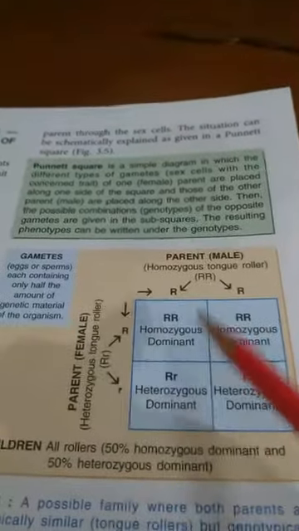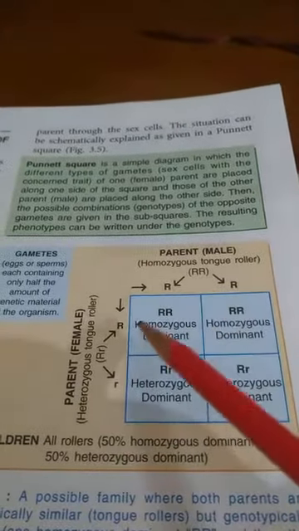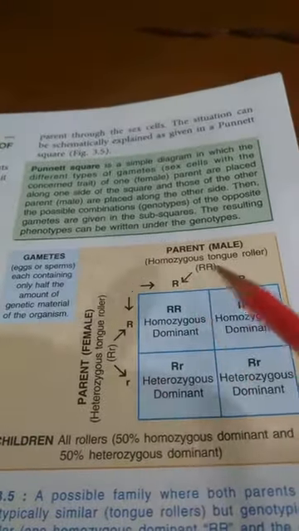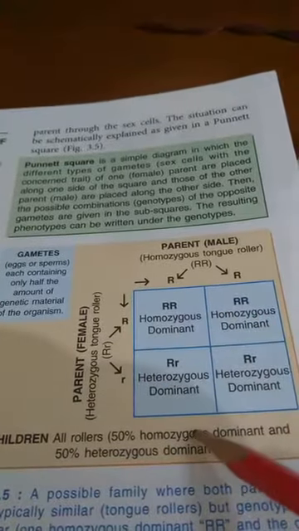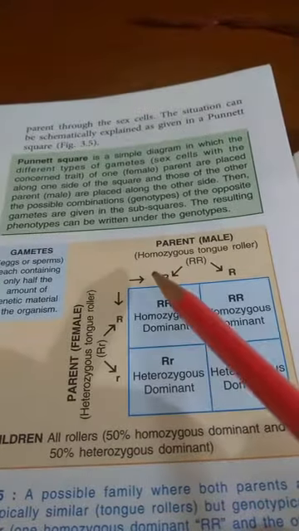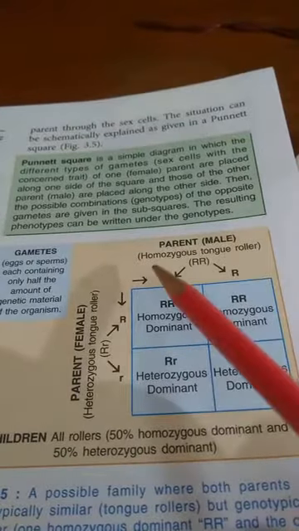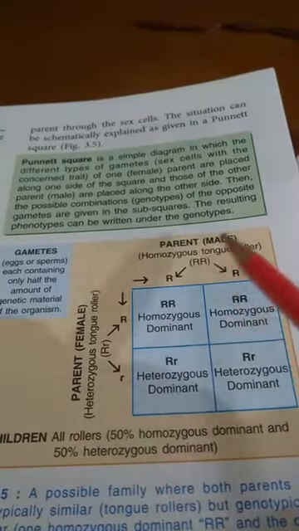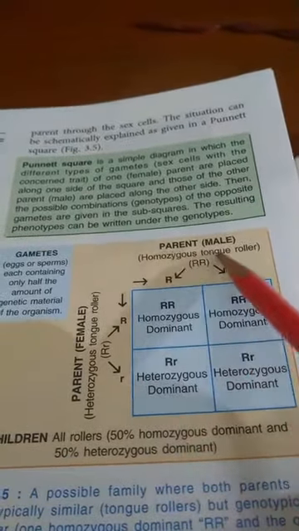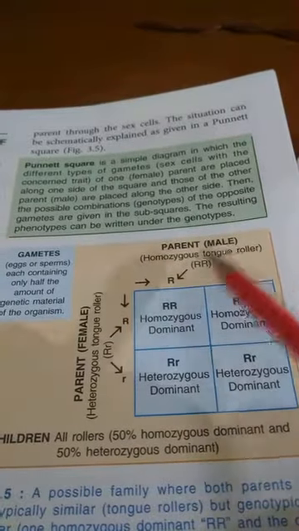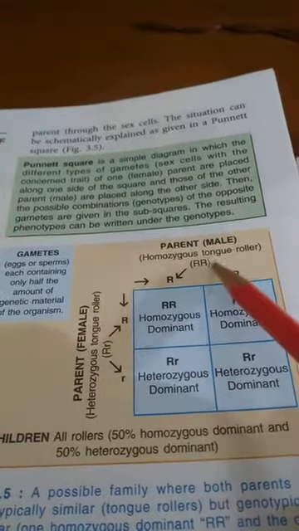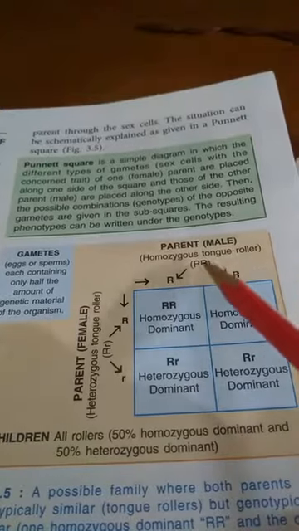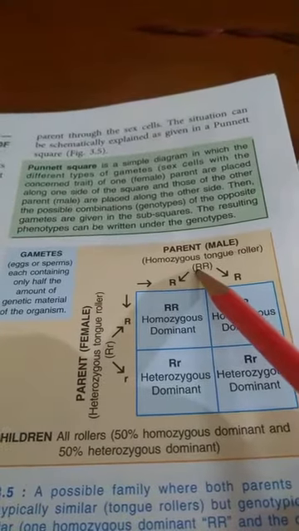Now this can be explained with the help of a Punnett square also. A Punnett square is a simple diagram that shows the different types of gametes produced by males and females. Like you can see here, a male homozygous tongue roller.